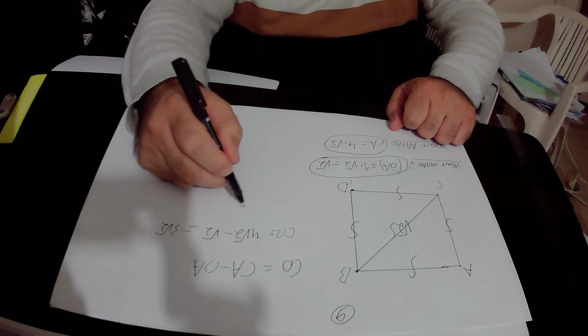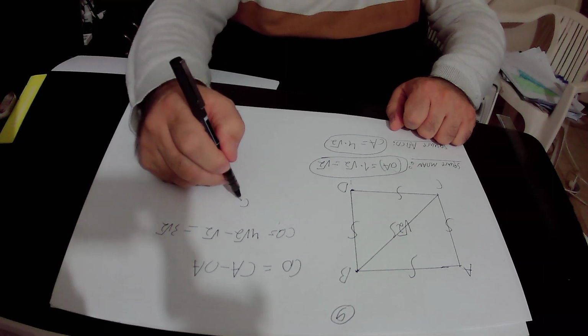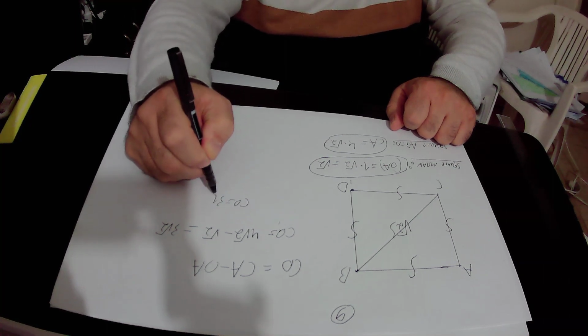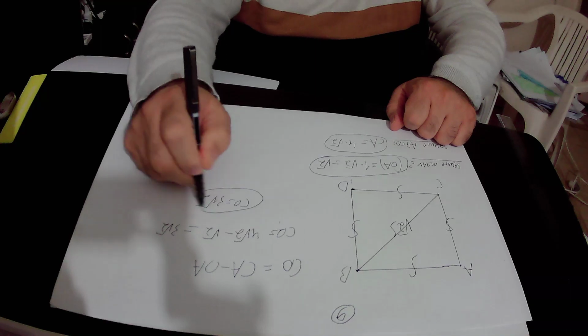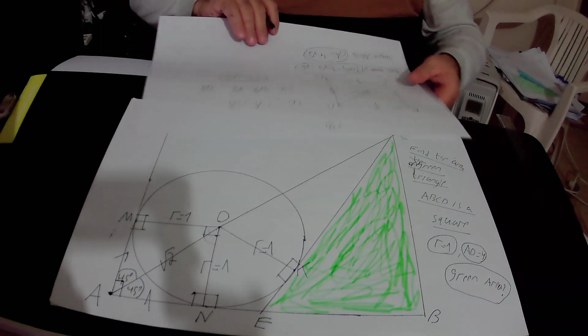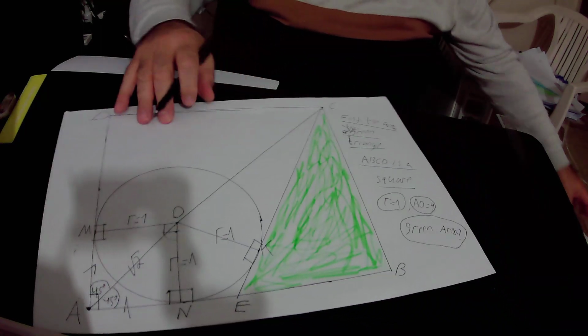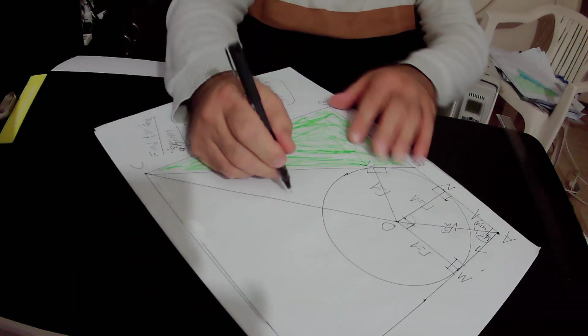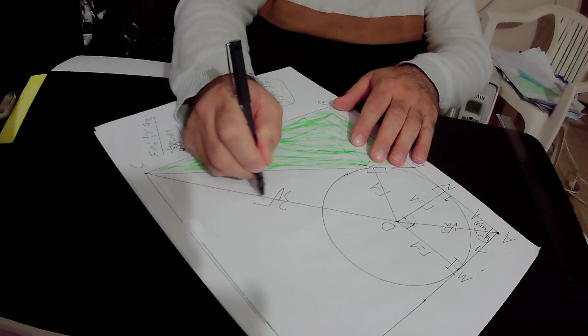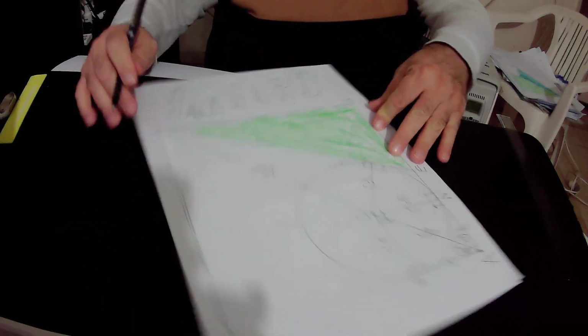So in conclusion, CO equals 3 times square root of 2 units.